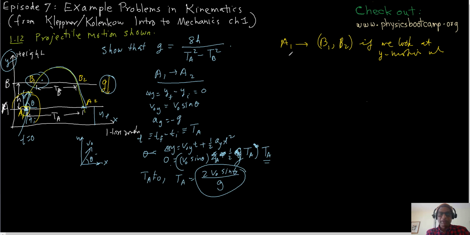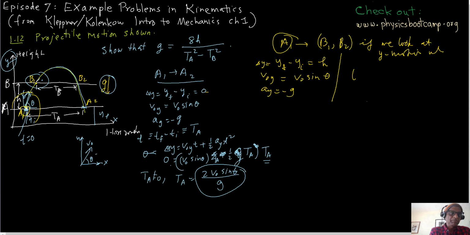So that's going to be y final minus y initial, which is h for this delta y, and v0y will be the same because I'm starting at the same place, which will be v0 sine theta, and this ay will be the same, it's going to be minus g. The t, let's call this time here t1, then the time here will be t1 plus tb.